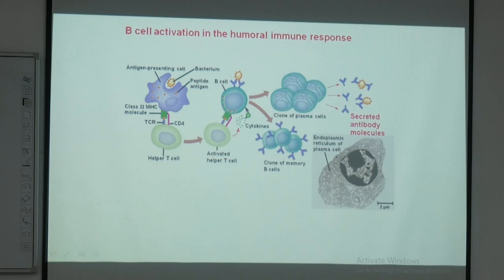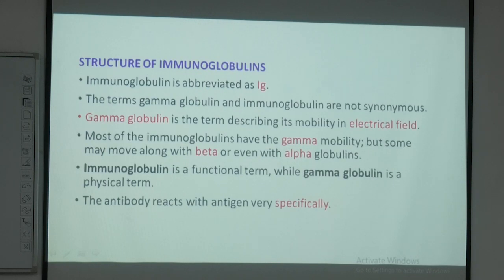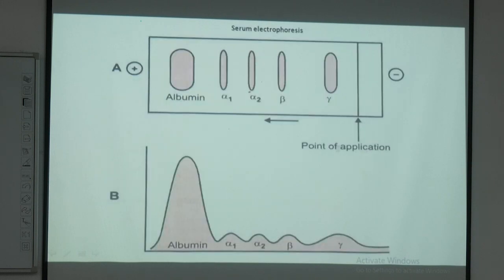Now we come to the structure of immunoglobulins. Here there are two terms: gamma globulin and immune globulin. When we take a serum sample and do electrophoresis, there is one positive charge end and one negative charge end, and we apply the serum.